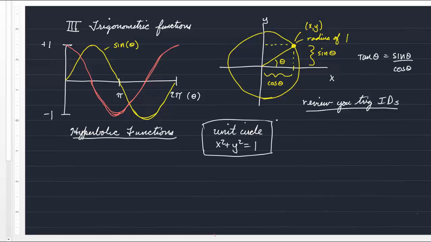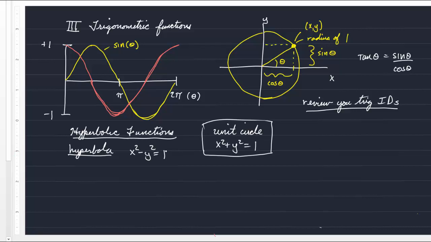You might also recall that a circle is a type of conic section. Now, another type of conic section is a hyperbola, and that can be expressed by the equation x squared minus y squared equals 1.